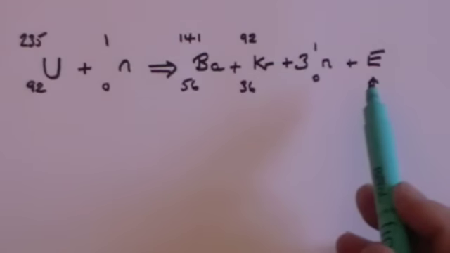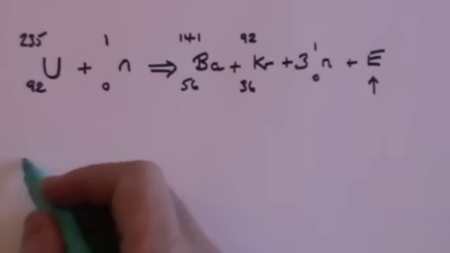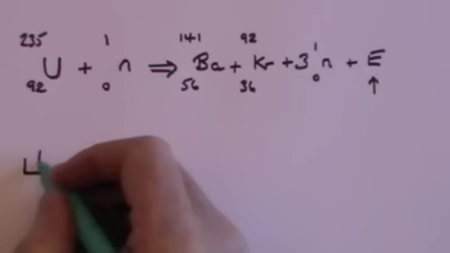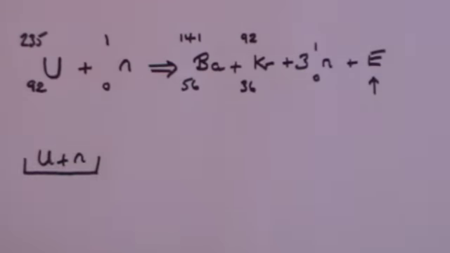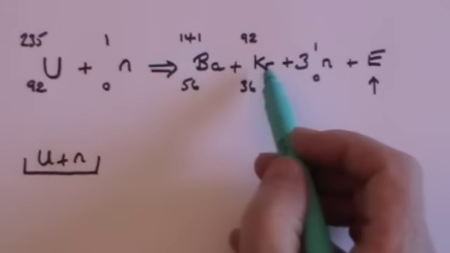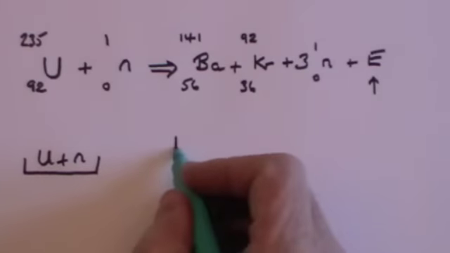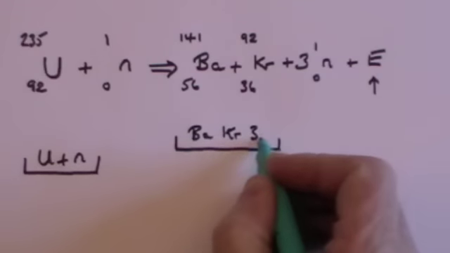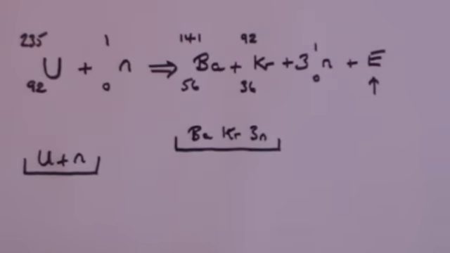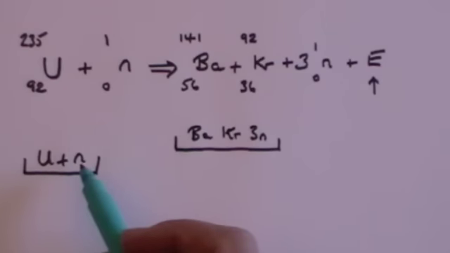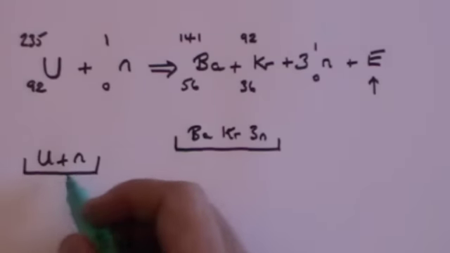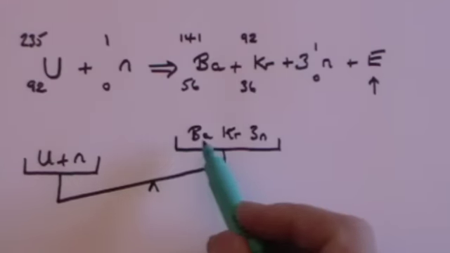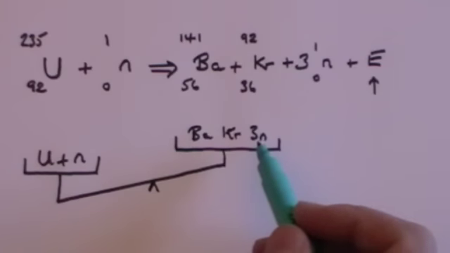Where does this energy come from? Well, if you could take the uranium and the neutron and put them on a scale, and you could take the barium and the krypton and the three neutrons and put those on a scale, what you would find is that the one atom of uranium and the neutron would be heavier than the one atom of barium, the one atom of krypton and the three neutrons.